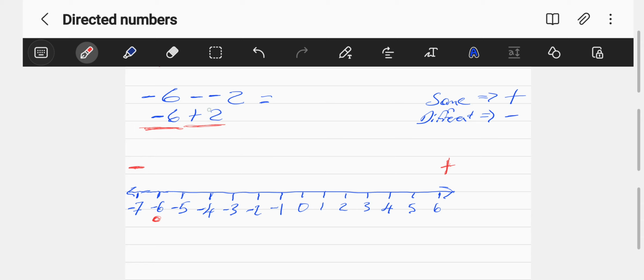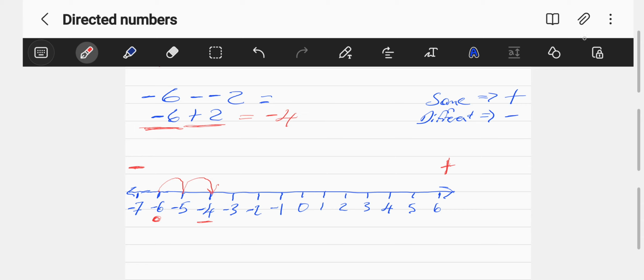So if we're adding 2 to negative 6, we're at negative 6 and we're going to add 2. That means that we're going to go 2 to the right. So that's 1 and then 2. And that ends us up at negative 4. So our answer here is negative 4.